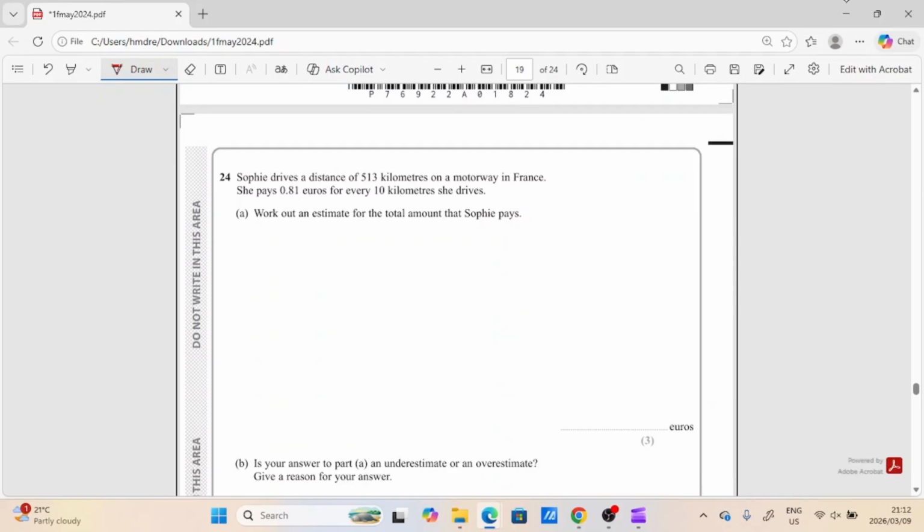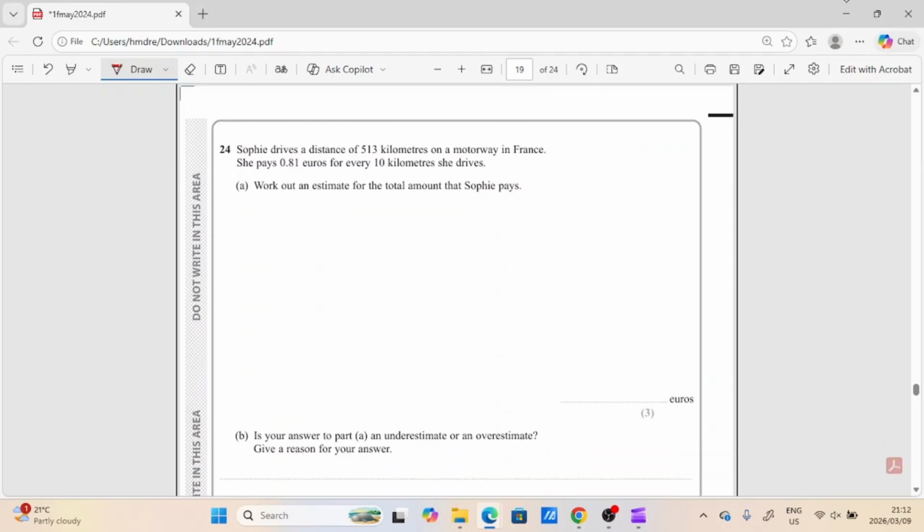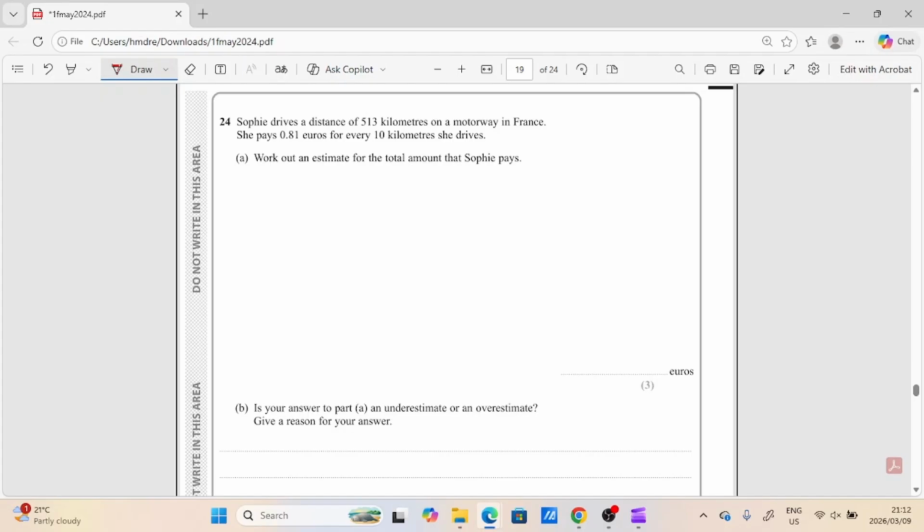Question 24. Sophie drives a distance of 513 kilometers on a motorway in France. She pays 0.81 euros for every 10 kilometers she drives. Work out an estimate for the total amount that Sophie pays. So this estimate always means you round the numbers, and you always round at the start.